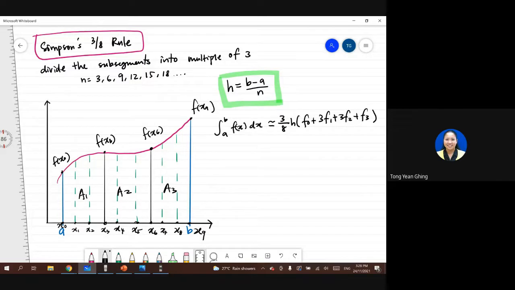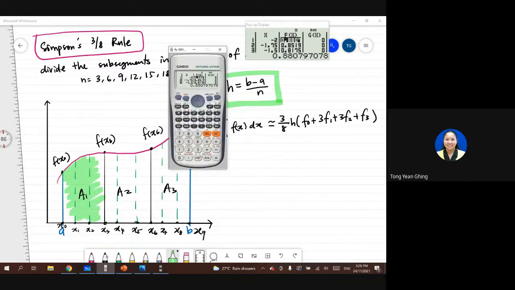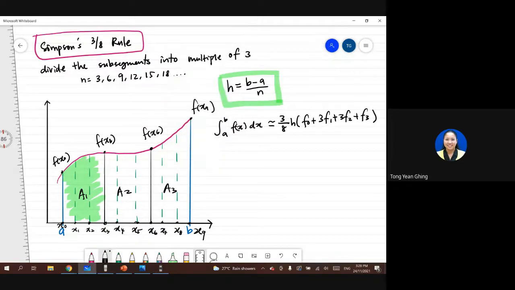Okay. So daripada sini, let's say I want to find A1. A1 is equal to 3 over 8 times H. So H saya adalah X3 minus X0 lah. Okay. So this one is F0.